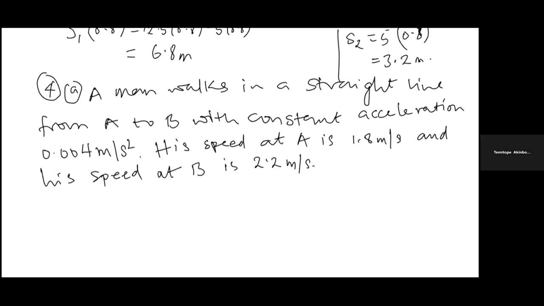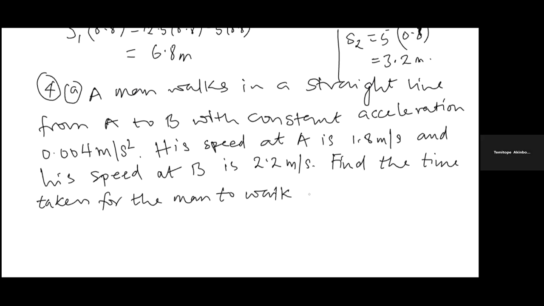The question now says: find the time taken for the man to walk from A to B and find the distance AB.